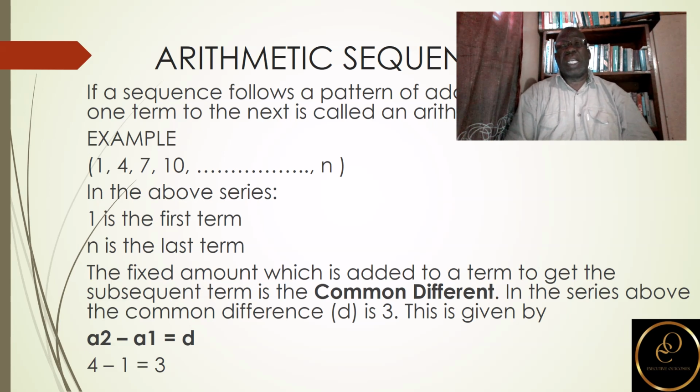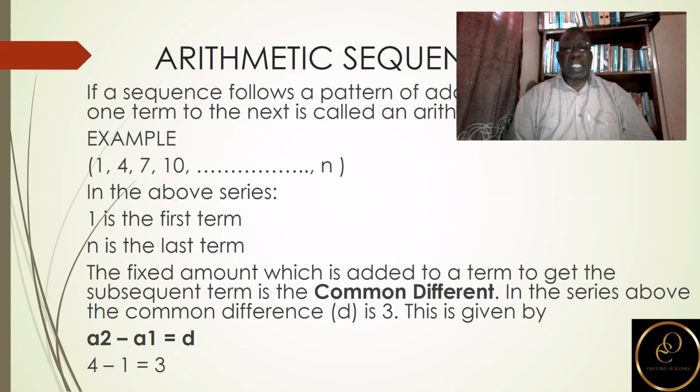And when you see that happens, then we refer to that type of pattern or series as an arithmetic sequence or progression. Some literature like to call it progression to indicate how the next number grows from the previous number. So some will say arithmetic progression.